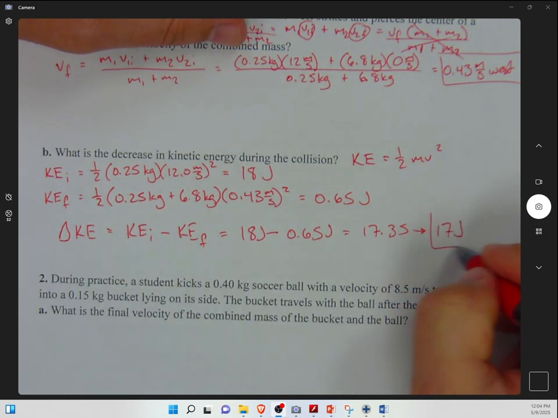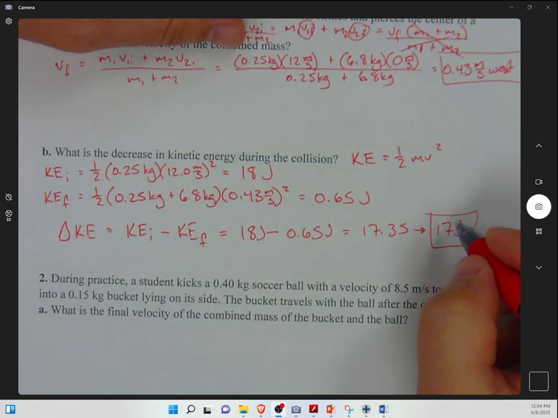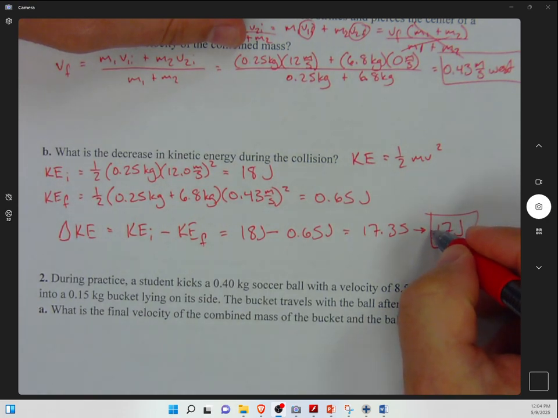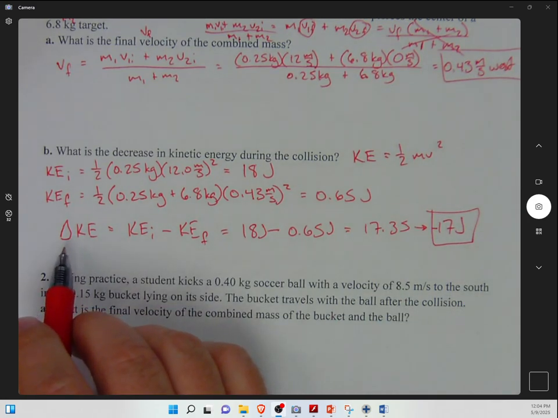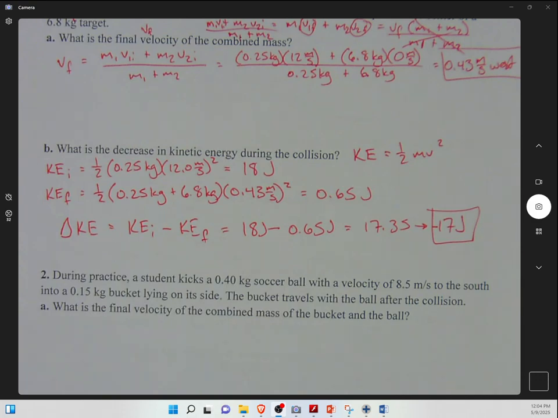Okay? So the decrease is 17 joules. Now, the way I've written this, to be consistent, I've written this change in kinetic energy, so I'm going to need to include the negative sign, right? It's a decrease.